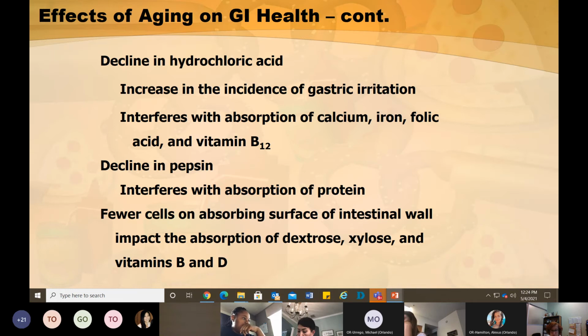So when an older patient eats a lot of protein in a meal, it's going to take forever for them, and they will have a lot of gastric delay emptying that stomach. And on the intestinal wall itself, you can see that there are fewer cells on the surface of the intestine. So that would change the ability to absorb certain elements such as dextrose, which is sugar, and vitamins B and D. So lots of effects of aging in the intestinal tract.